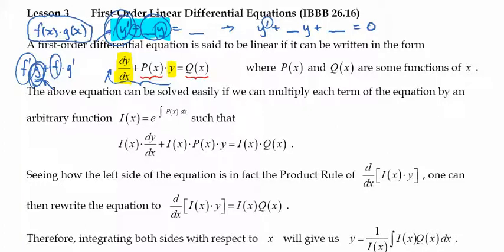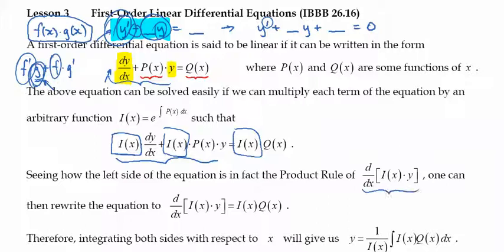So once again, we're going to find the integrating factor that will make this left hand side differentiable. Once you've multiplied this integrating factor to the entire equation, the left hand side will be the result of your product rule.